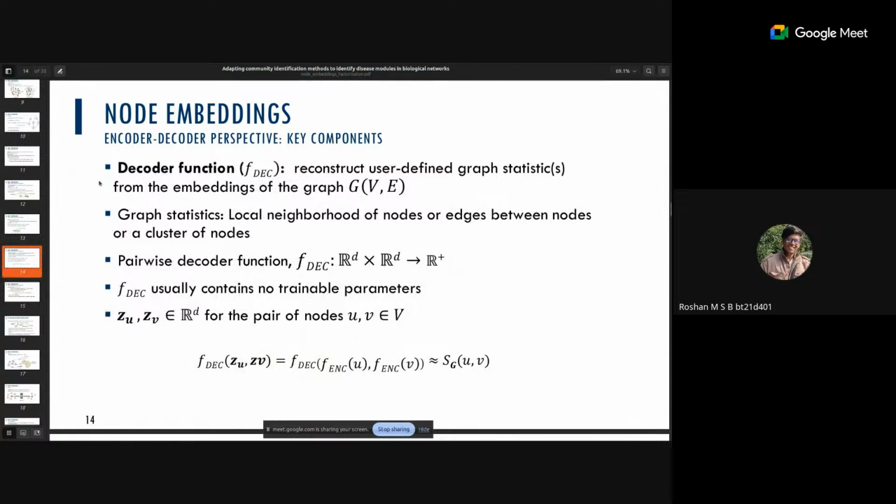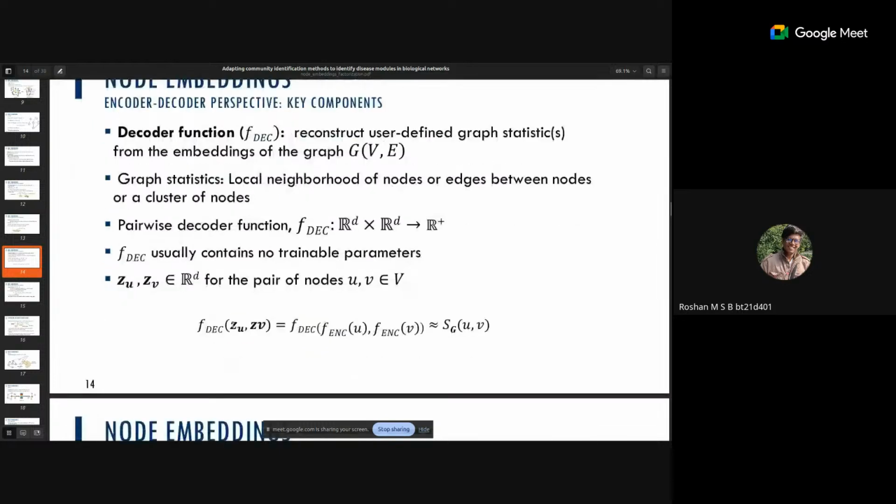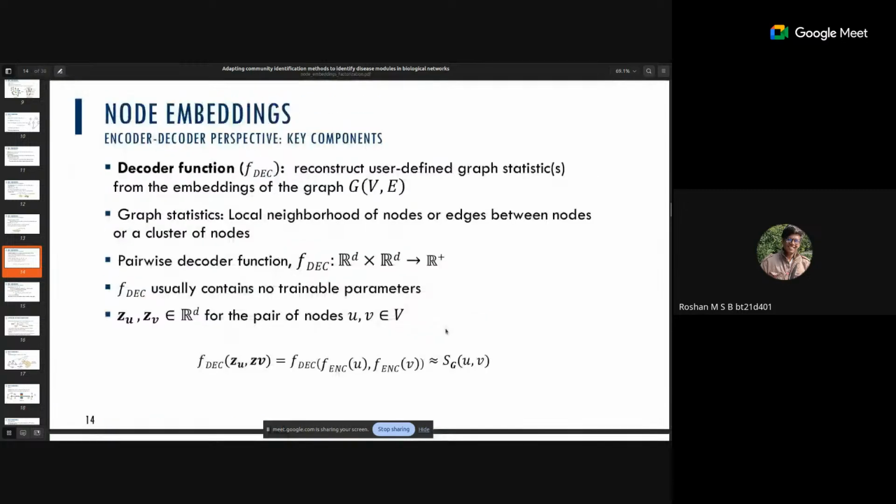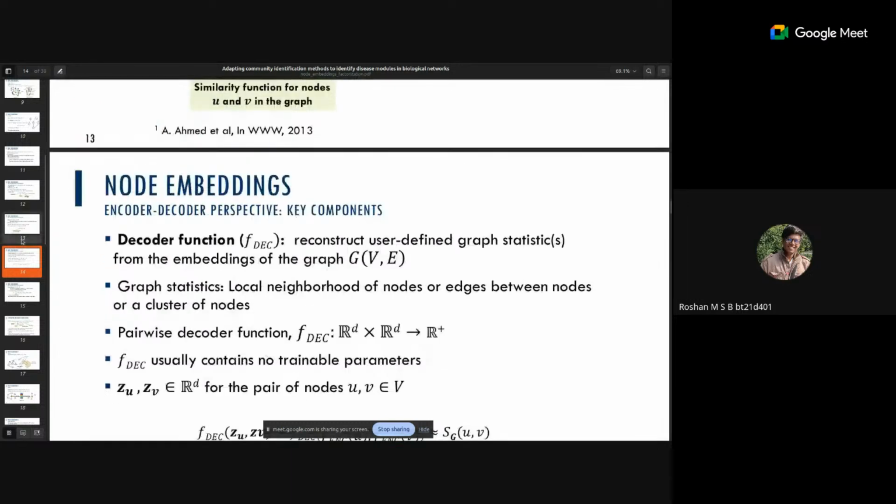Moving on to the decoder part. The decoder does the opposite. Given two latent vectors z_u and z_v, it tries to reconstruct the similarity score between those two nodes. So if you give a d-dimensional latent vector for u and v, what it outputs is the similarity score.